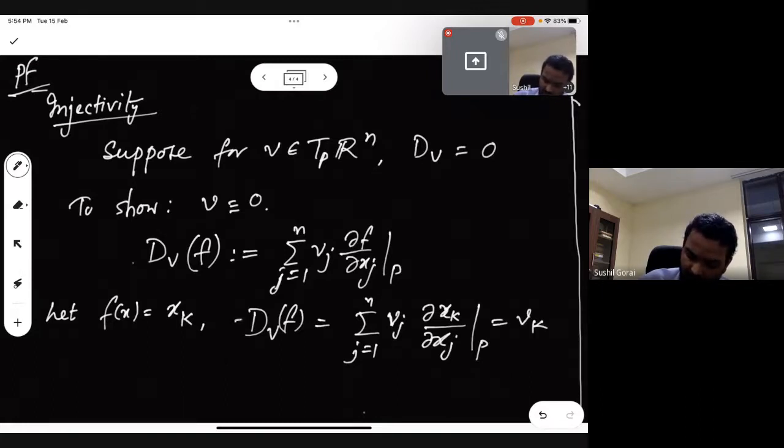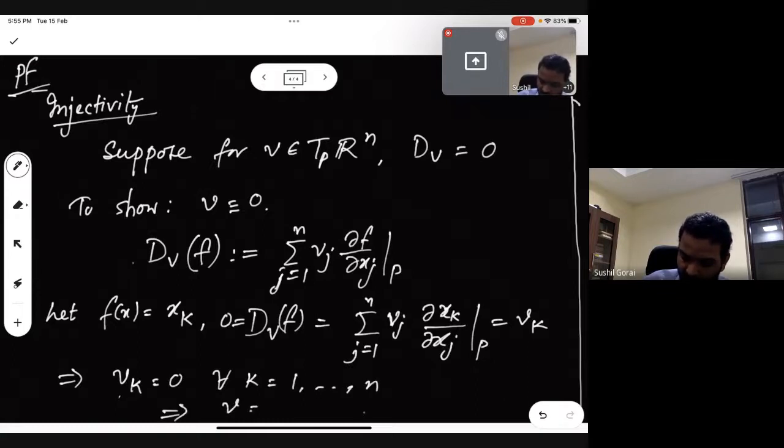And this was 0, right? So this implies vk is 0 for all k from 1 to n. So this implies v is 0, right? Simple proof.